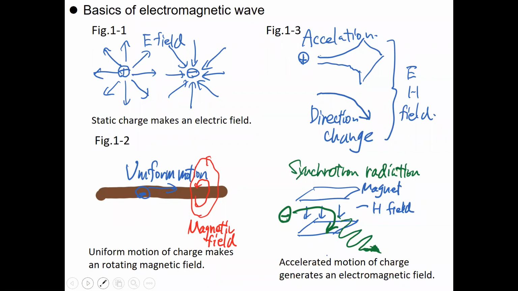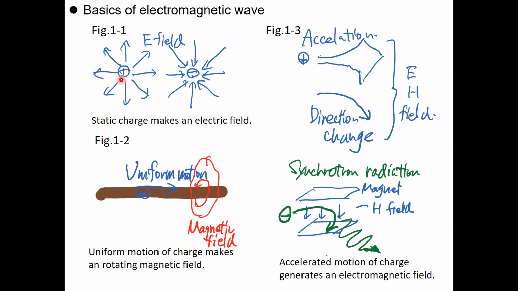There are 4 equations in the Maxwell equations, and here is a summary of what these equations mean. First, in figure 1, if you put a charge, positive or negative, this charge gives an electric field surrounding the charge.